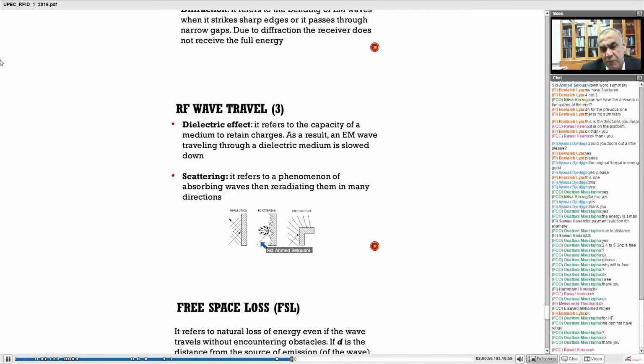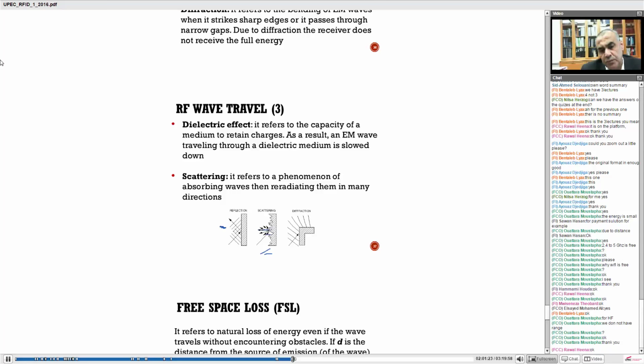Scattering means that the wave comes to the object, and then the object reflects it in many directions. Why is it important to have many directions? Because it is possible to read afterwards even if we are in this position or in this position.